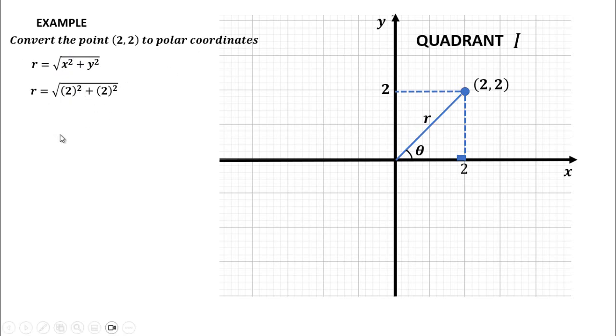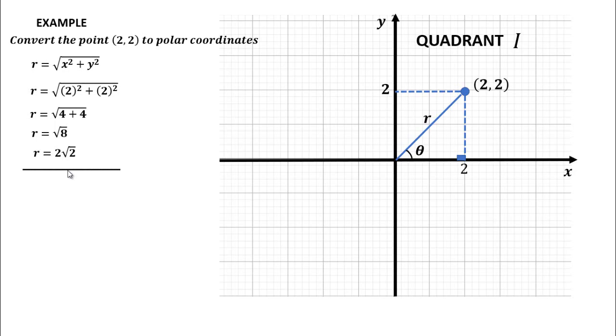Solving these operations, we obtain that r is equal to the square root of 4 plus 4, which is r equal to the square root of 8. If we simplify this, we obtain that r is equal to 2 square root of 2.